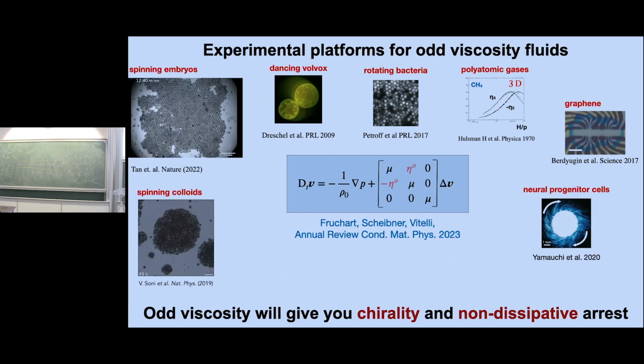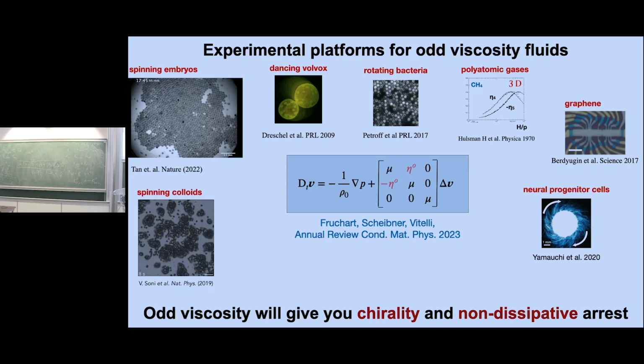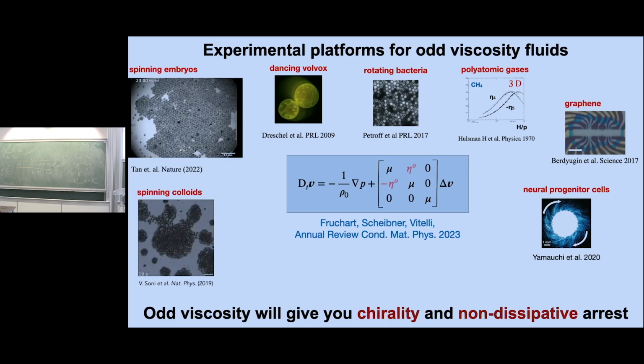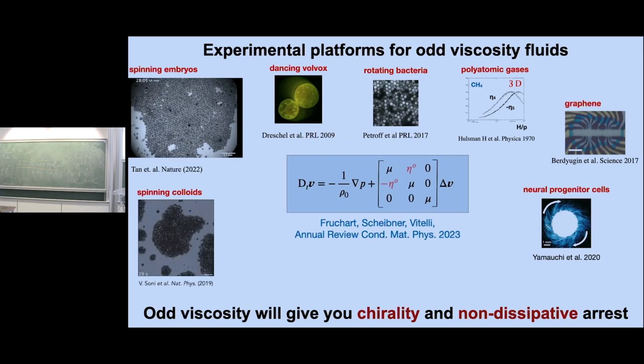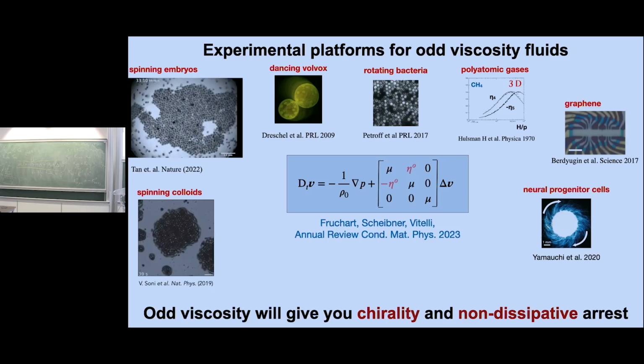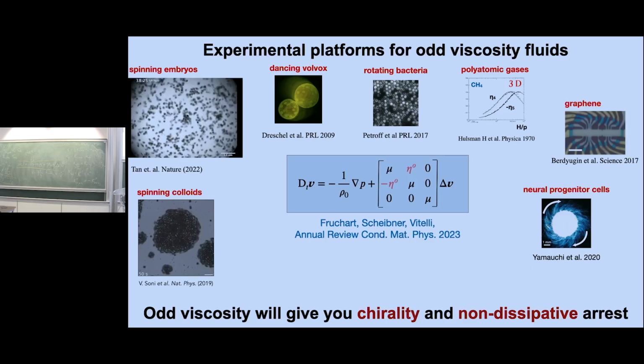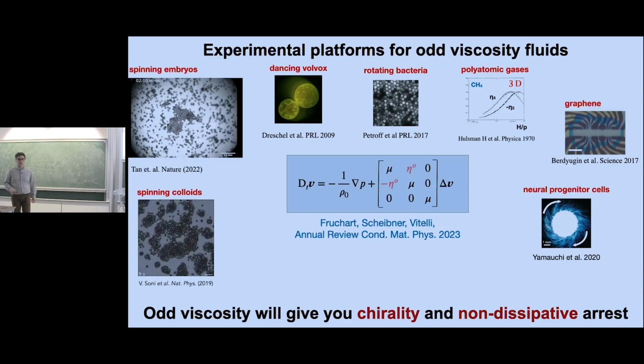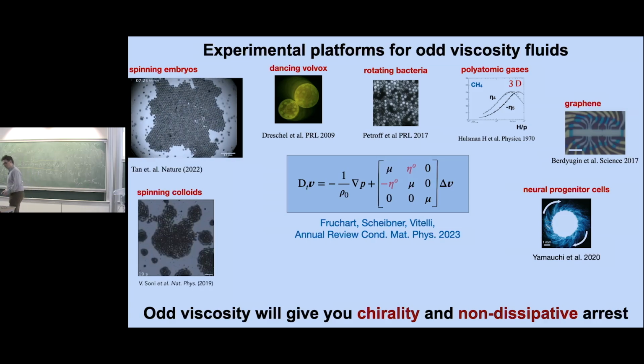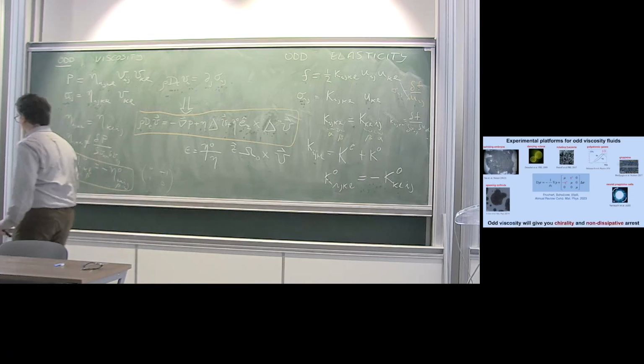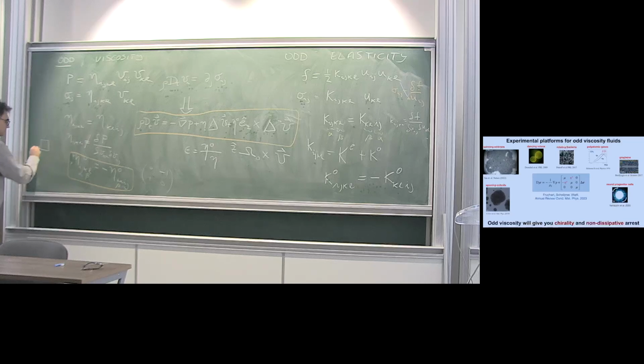Well, with electrons, people have measured it in graphene. This is from the Geim group. One example that I particularly like is these two here. Here they're spinning colloids. This was done in the laboratory of William Irvine at the University of Chicago. What William did is that he took colloids, which are particles maybe a micron in size.